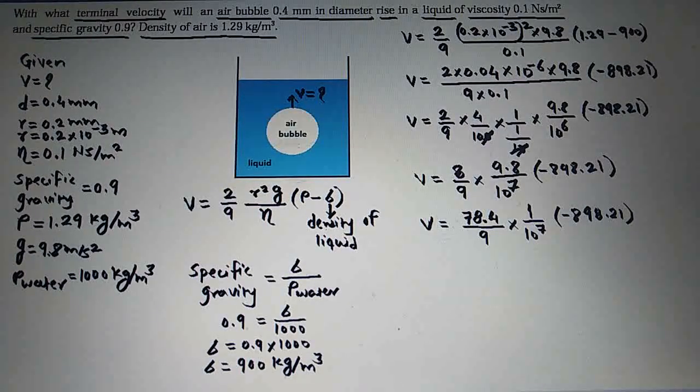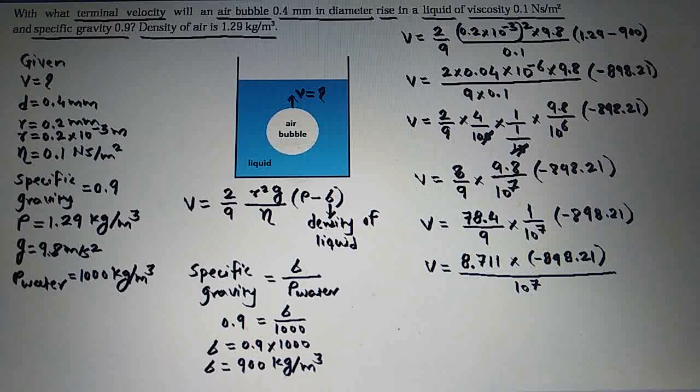We will write here V is equal to 78.4 divided by 9, that should be equal to 8.711, into this minus of 898.21 divided by 10 raised to 7 here.